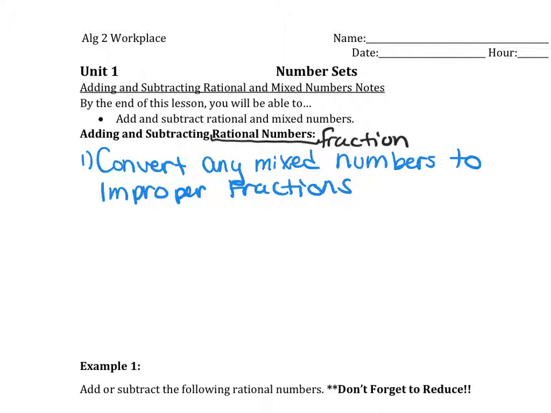Then with adding and subtracting, sometimes the fractions will already have the same denominator, so if that's the case, don't make it harder on yourself. But if necessary, you have to find a common denominator.